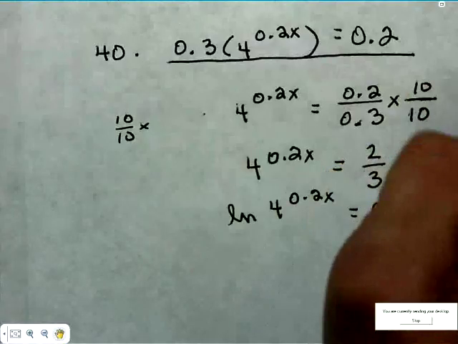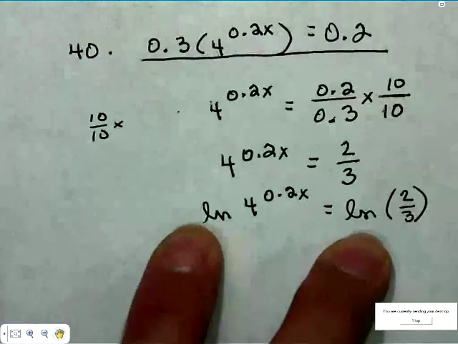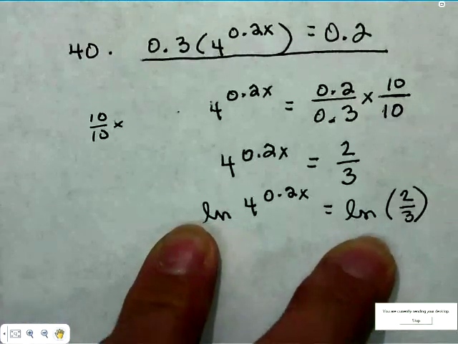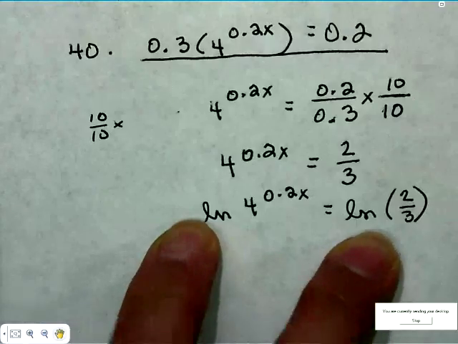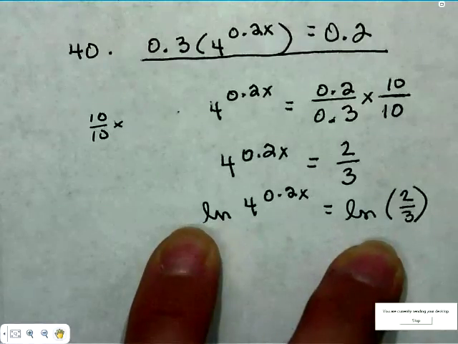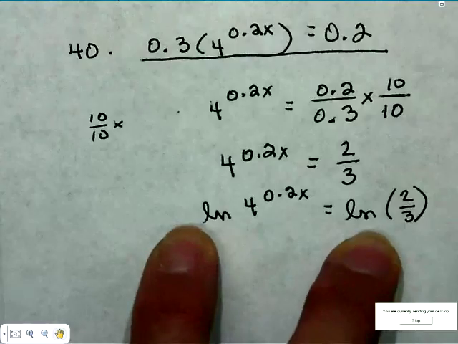That's adding something to the long list of things you can do to both sides of an equation. You can add something to both sides. You can subtract something from both sides. You can square both sides or take the square root of both sides. Now you know that taking the natural log of both sides is another legal thing to do. But why would you want to?